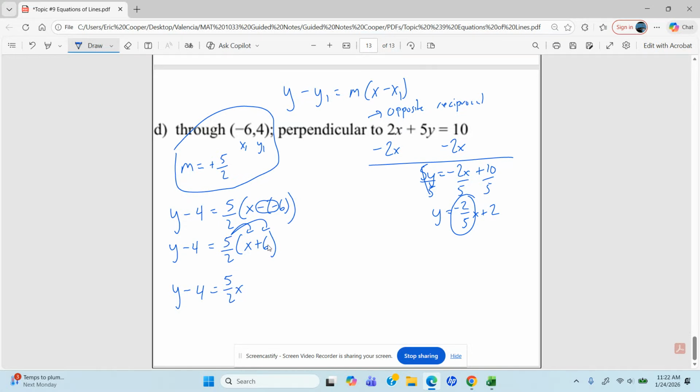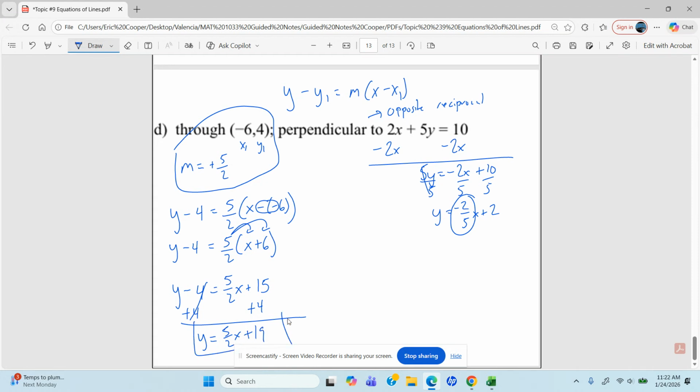So 5 times 6 gives me 30. 30 divided by 2 gives me 15. So this turns out to be 15. I've got to get y by itself, so I will add 4 to the other side. Y is equal to 5 over 2x plus 19.